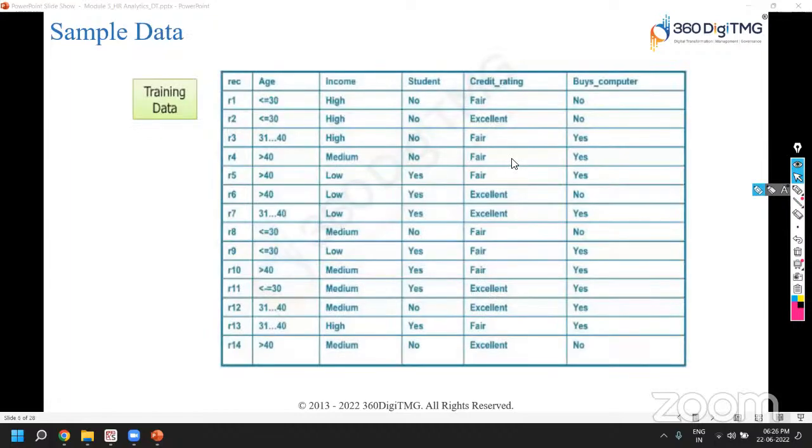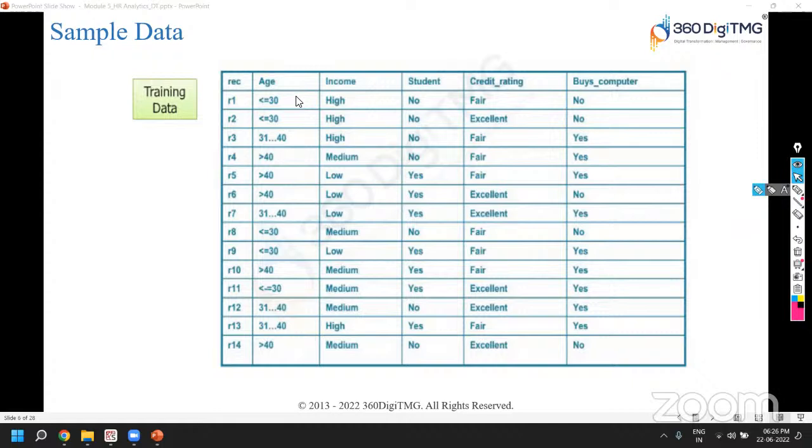I'll talk about a simple example here. You can imagine this with respect to an employee resigning or not resigning. We have the age of the employee. Now, age is a continuous value. It can have any range, right? It has a large range. Probably it can start somewhere around 20 to 23 and go to 60, 65 as well, right?